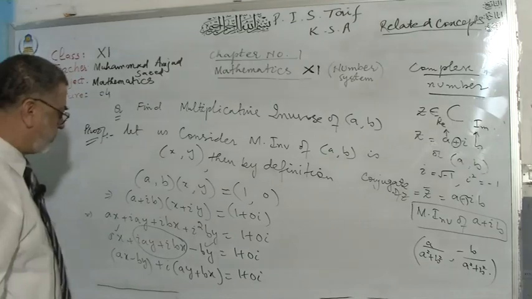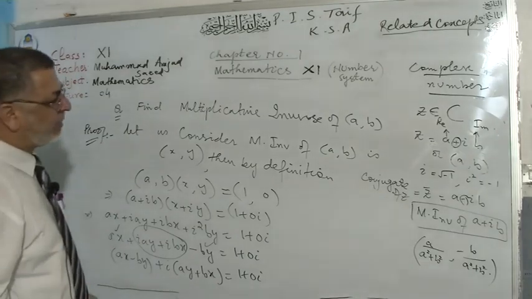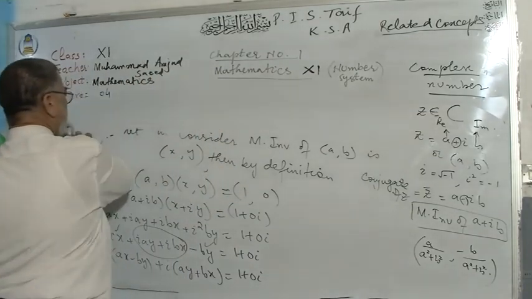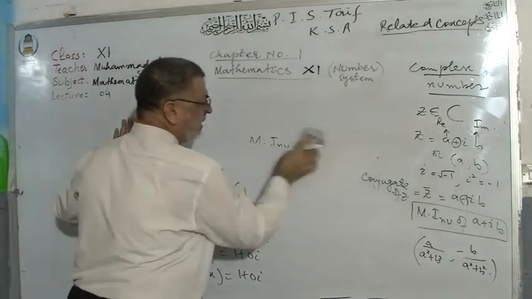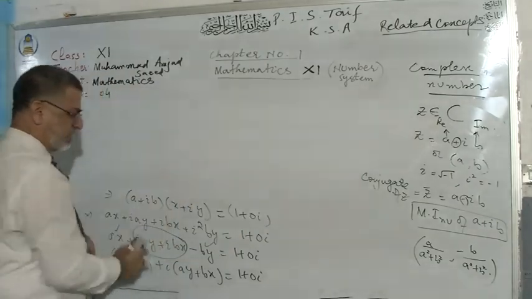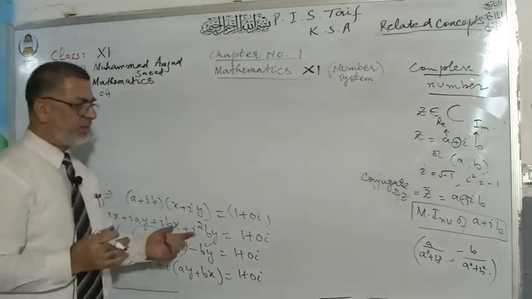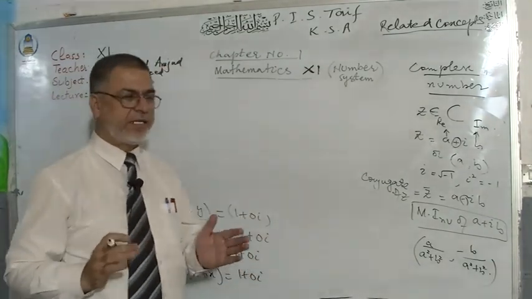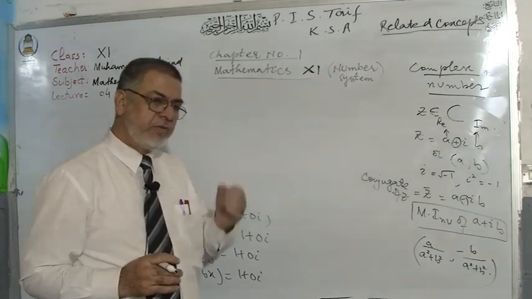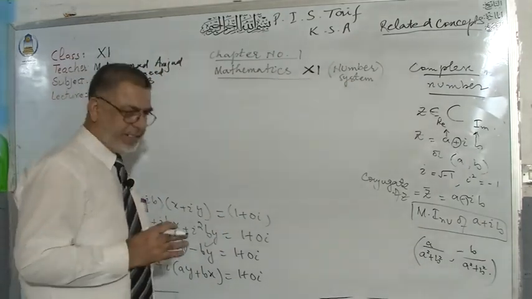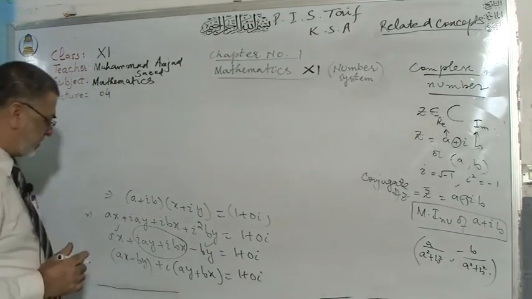Dear students, I have told you that whenever two complex numbers are equal, the rule is real is equal to real and imaginary is equal to imaginary. Again I am repeating, whenever you compare them, real is equal to real and imaginary is equal to imaginary.